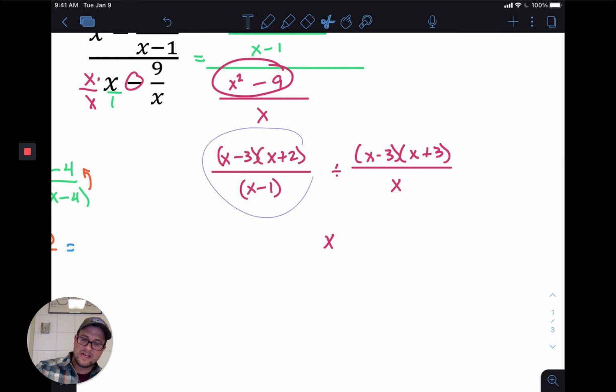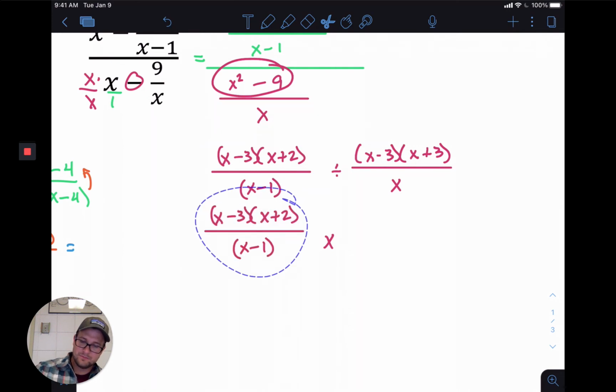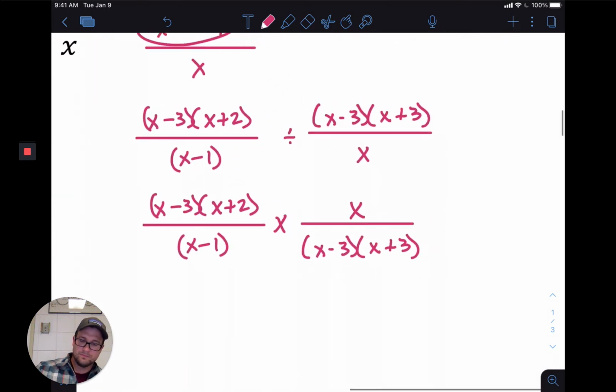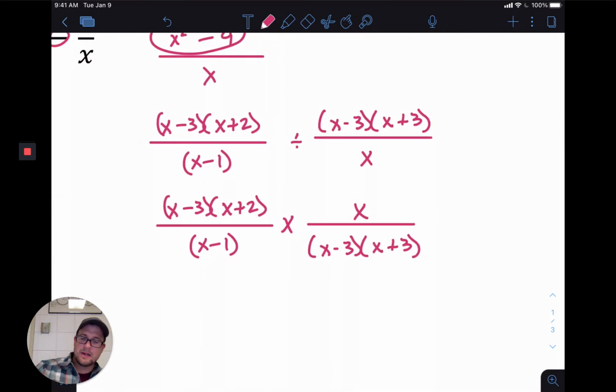So we are going to take this fraction and we are going to multiply it by the reciprocal of this guy. So this will move to our denominator and x will move to our numerator. Now cross-canceling again, x minus 3, x minus 3.